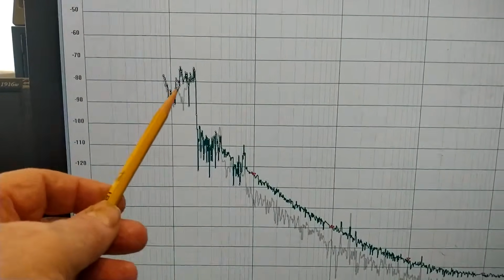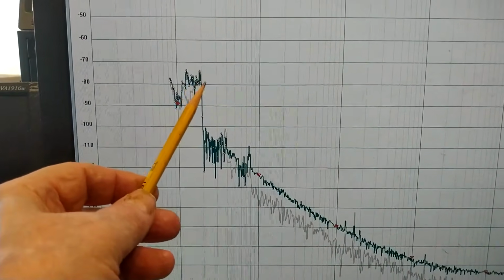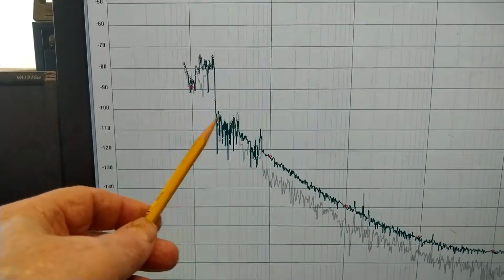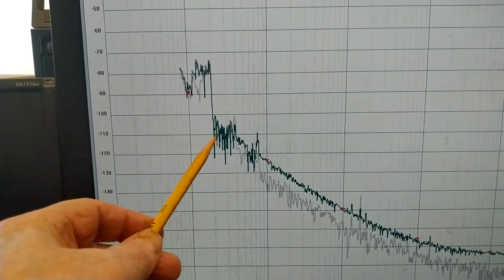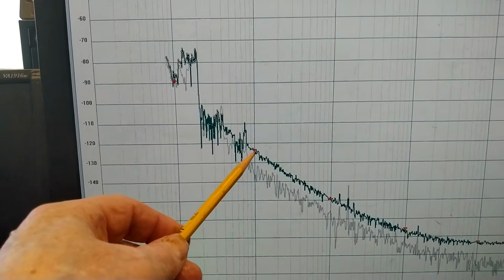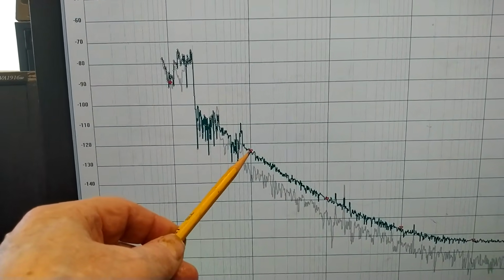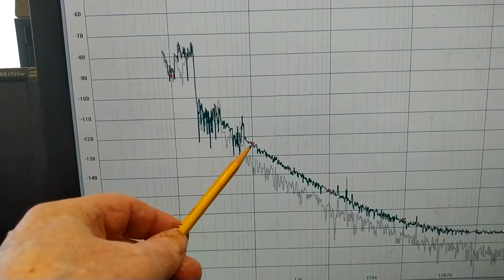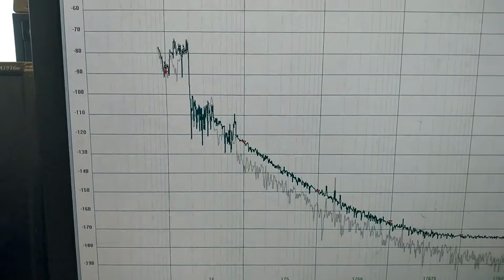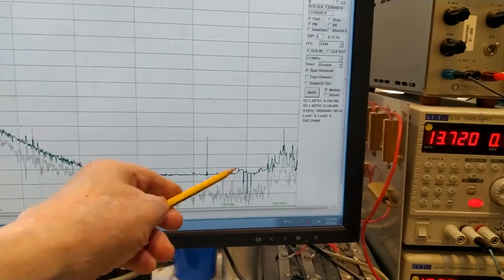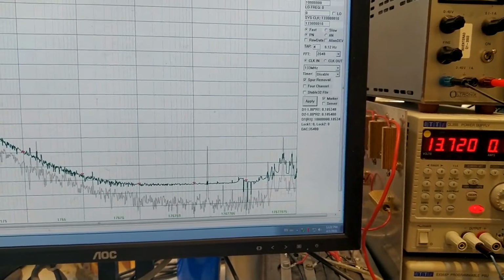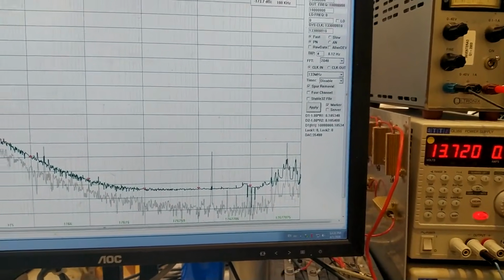So we get a spur at 0.18 Hz. It was 0.1 Hz and it has drifted a little bit. And the overtones of that spur frequency are here, and it almost comes up to interfere with the result at 1 Hz offset.